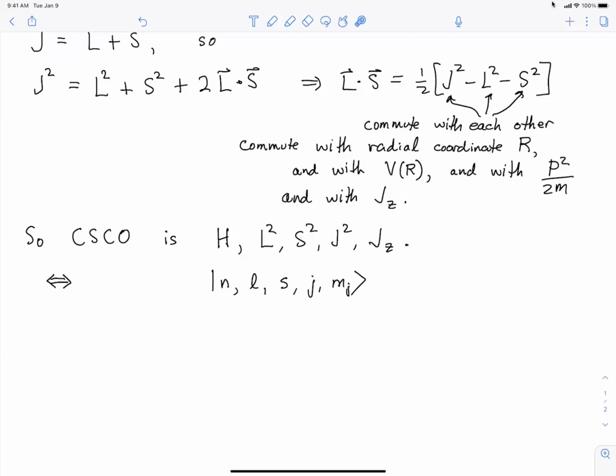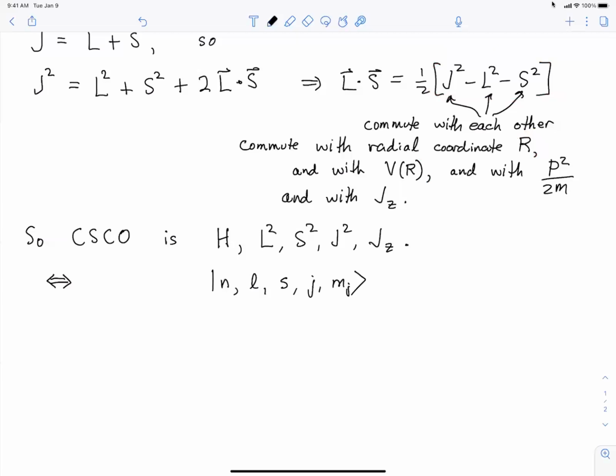So the distance and the energy don't commute. We're not saying they do. I thought you said it commutes with the radial coordinate R up there. Yes, these things all commute with R. Therefore, they all commute with V of R. And they commute with P squared over 2M.